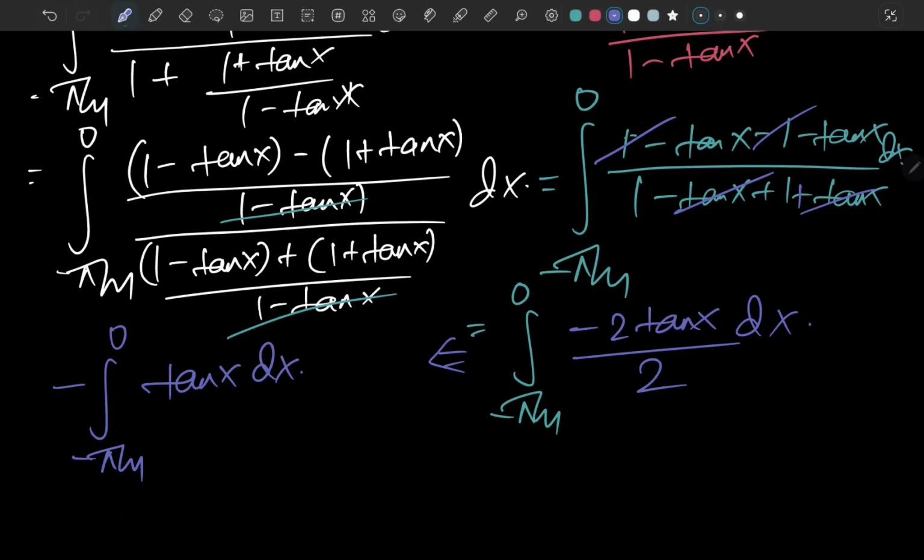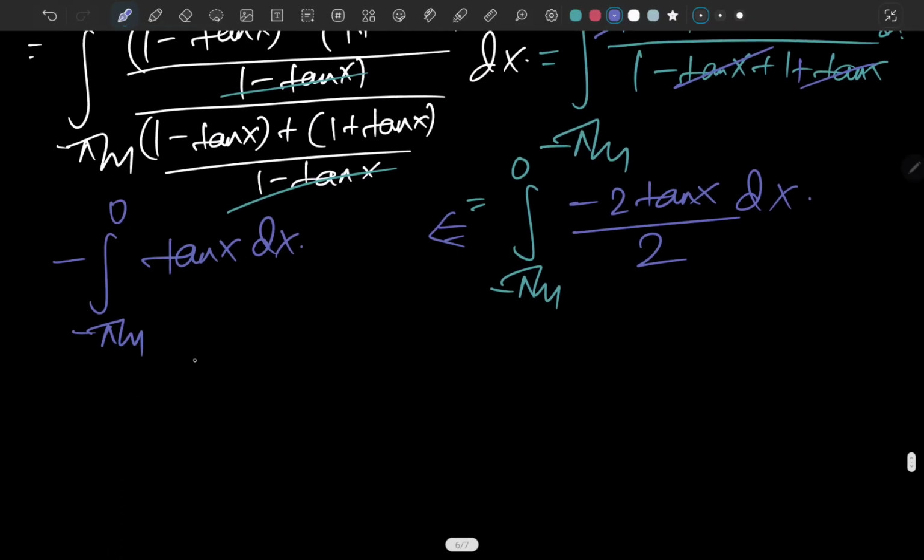So the integral of tangent x is I think it's ln of secant x. Wait a second guys, I'm just thinking about it. Ln of secant x, okay. So yeah, the integral of tangent x is ln of secant x, so this becomes negative ln of secant x from negative pi over 4 to 0.